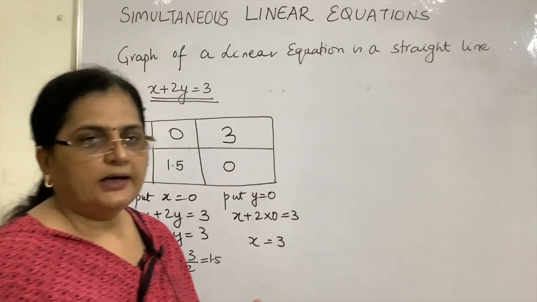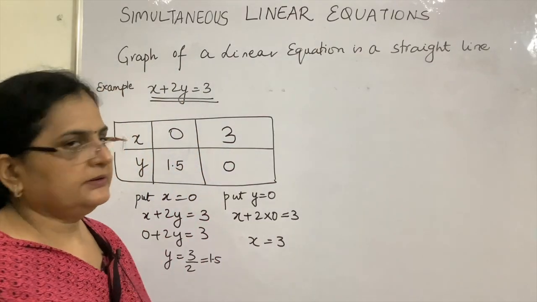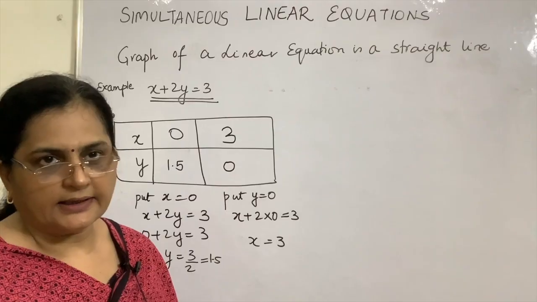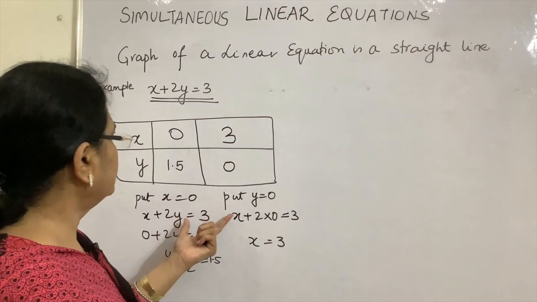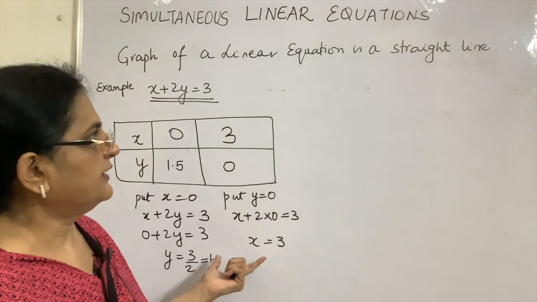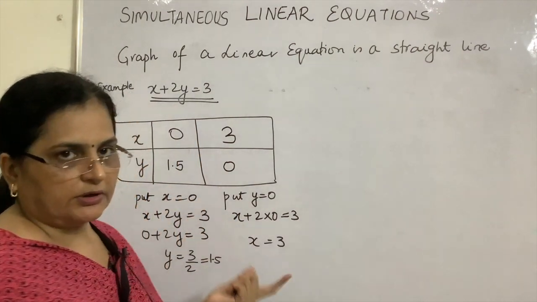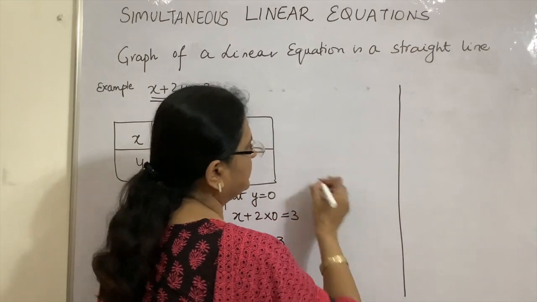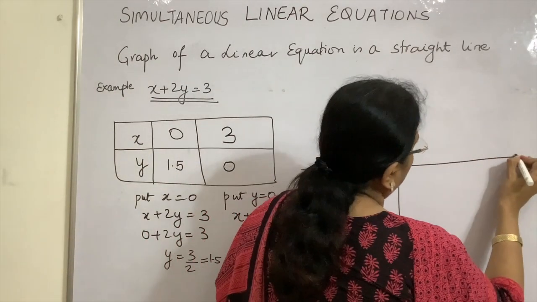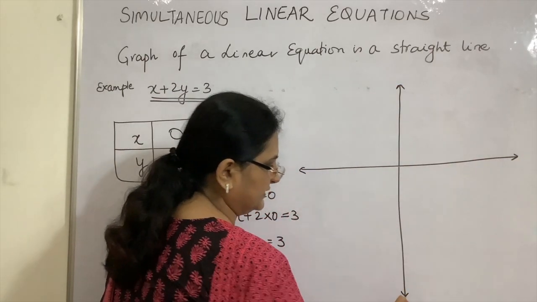Let us see how we plot the graph. For plotting the graph, what do we need? We need a Cartesian plane. You will do it on a graph sheet. We together can do it on plain paper because I don't have a graph sheet right now. So let us plot this. A Cartesian plane is a two-dimensional plane, and we have these two axes.